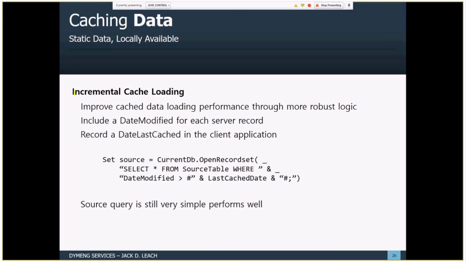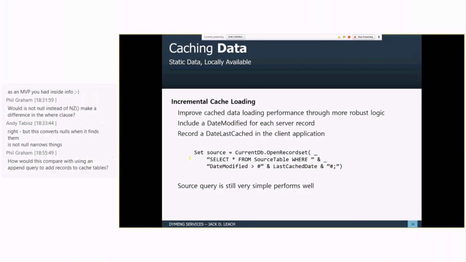The other thing that we can do, and I'll skip by this pretty quick because I'm taking a little longer than I should, is incremental cache loading. Let's say we want to load up a large data cache, and we don't want to load it every single time, but only what has changed since the last time.